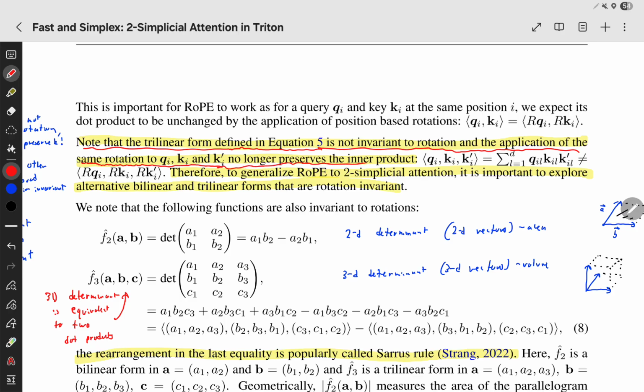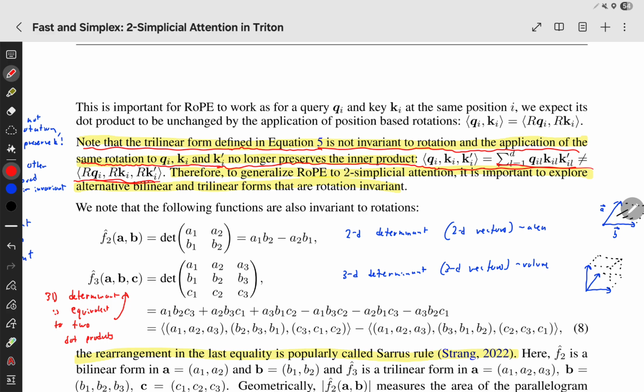But if you apply the same rotation to Q, K, and K prime, and then do the inner product, it is not preserved. So there's an issue here. If it's not preserved, then the idea you have with rope cannot be applied here.